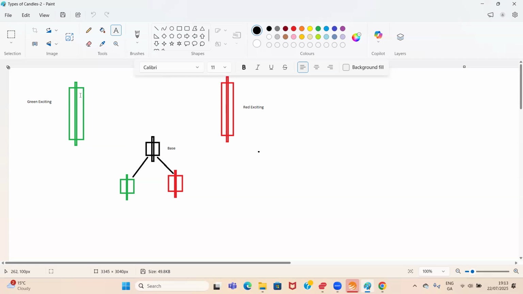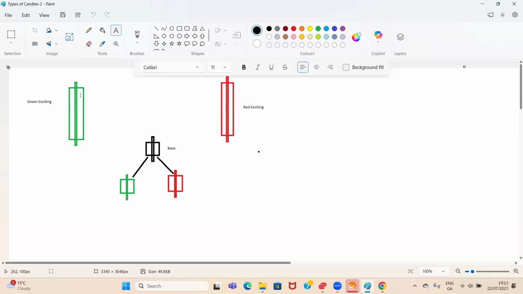What I'm telling you in this slide is what makes it a green exciting, a red exciting, what is a base candle, and how you will identify what to consider as exciting and base.